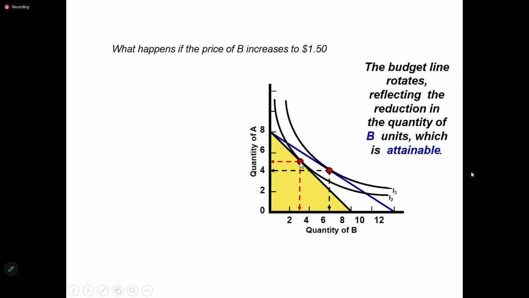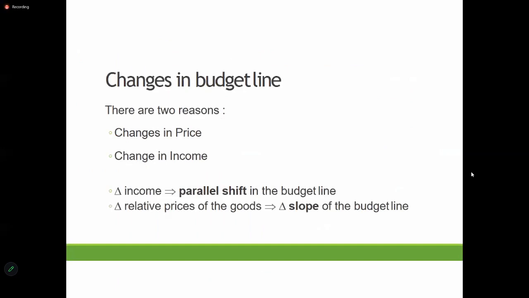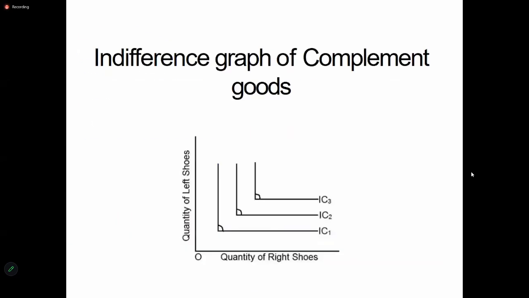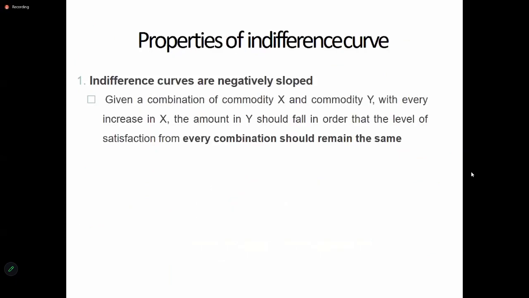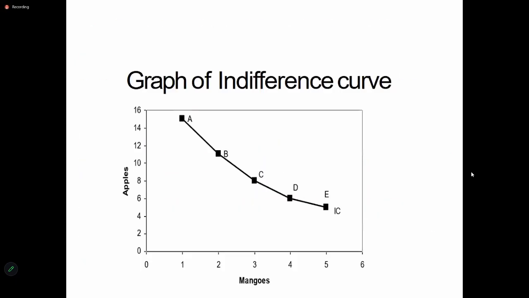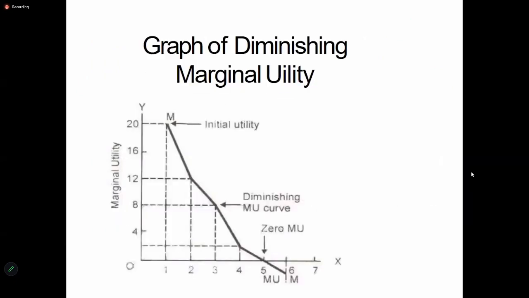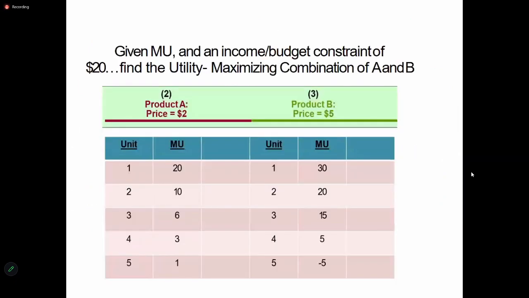That's why we said at that point they can purchase, let's say, 5 units of A and 3 units of B. That's why, the very first time, we explained different combinations of goods in the cardinal approach. Some combinations they can't take with the budget line, but sometimes they can take with the remaining budget.